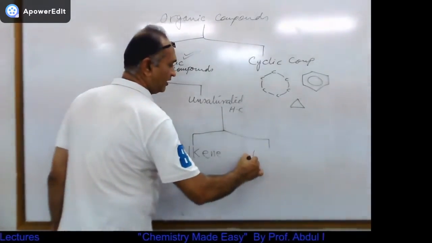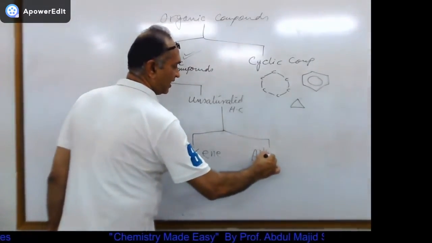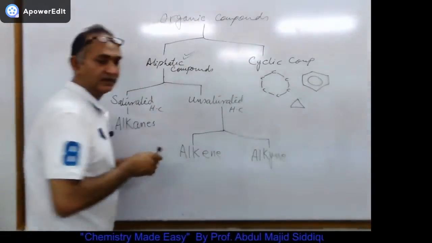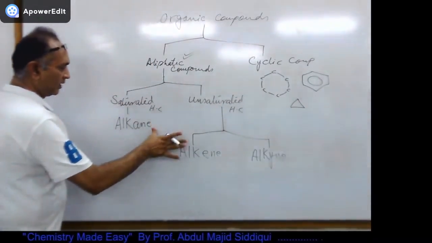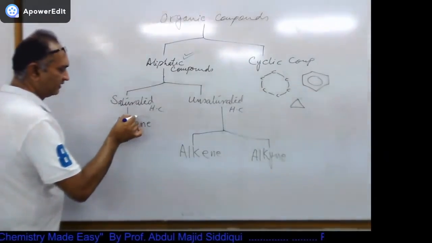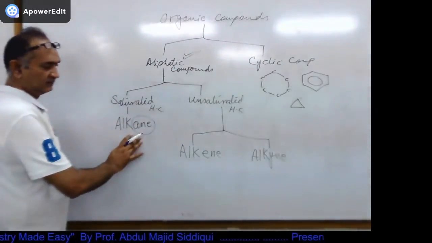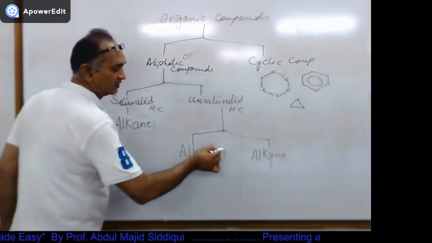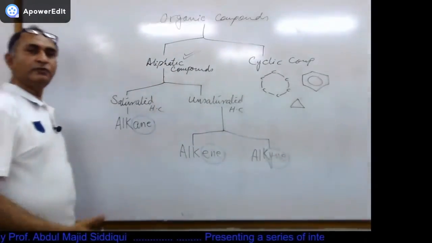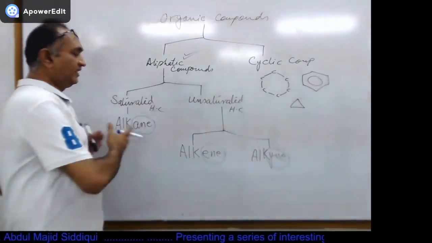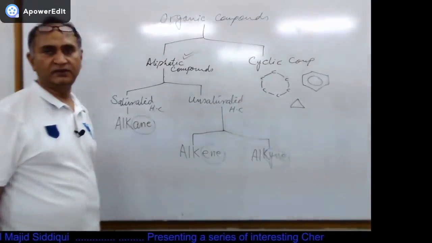The other one is called alkyne. Okay? Notice the endings, the suffixes: ane, ene, yne. So our first part of nomenclature will be covering these 3, one after the other.